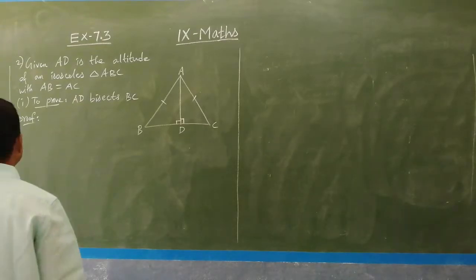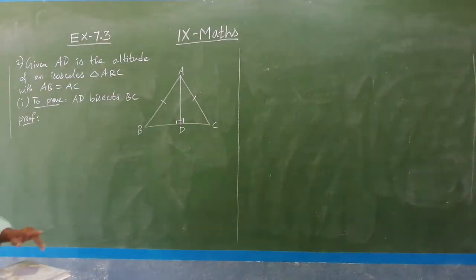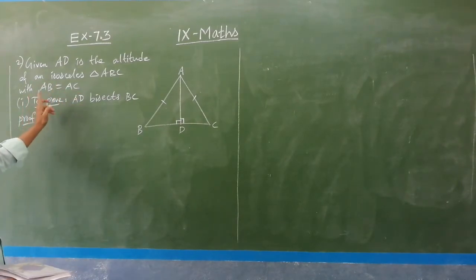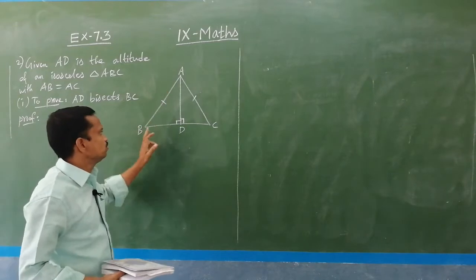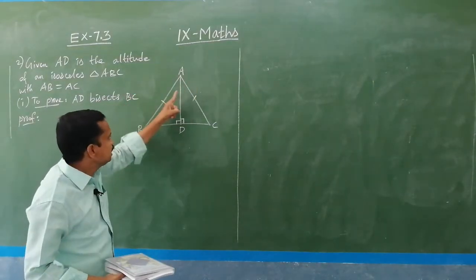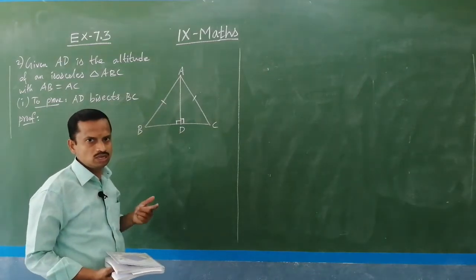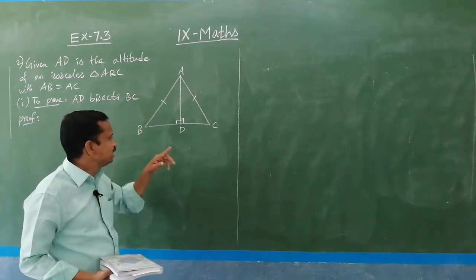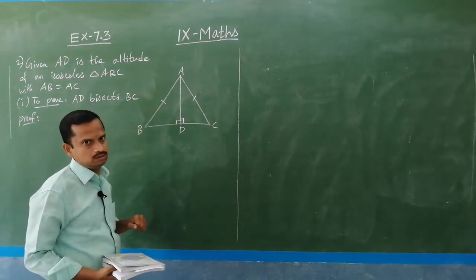Now question number 2. Given AD is the altitude of an isosceles triangle ABC with AB equal to AC. So you see ABC is an isosceles triangle with AB and AC equal, and AD is the altitude. What is the altitude? The line segment AD which makes 90 degrees, the perpendicular distance.